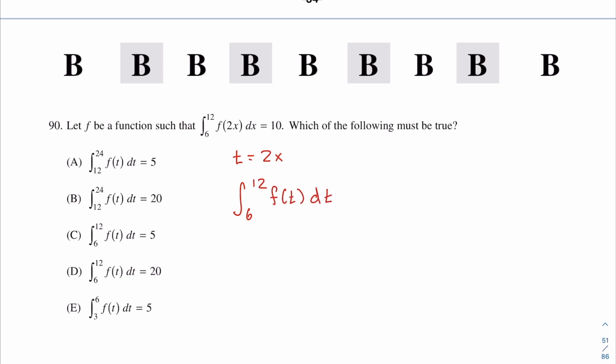And you might also say, well, okay, if I'm putting in t for 2x, then that means that my integral now goes from, if you plugged in 6 here, that'd be 12, and 12 there would be 24. So you might say, oh, it's actually the integral from 12 to 24 of f of t dt. And you might be tempted to say that's still equal to 10. Now, this is actually incorrect.